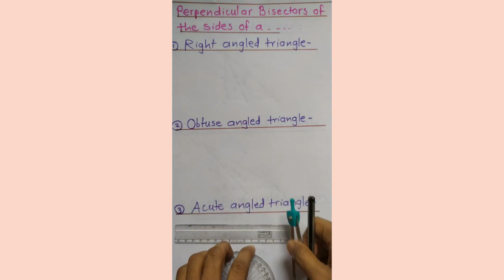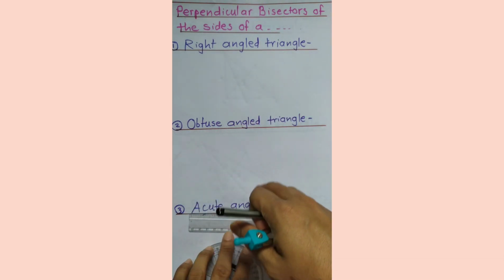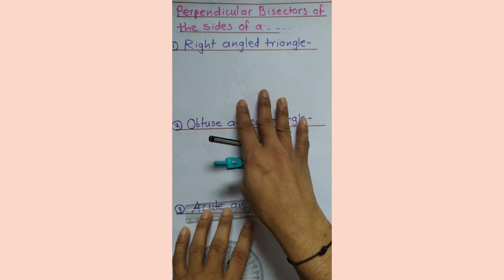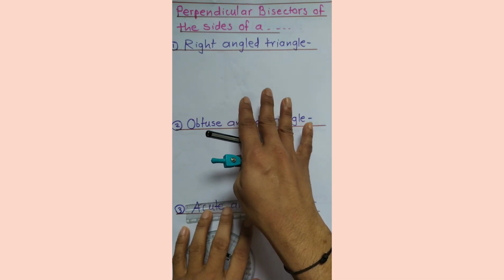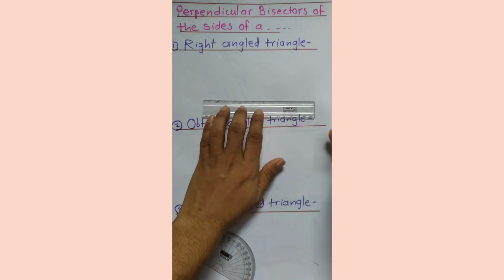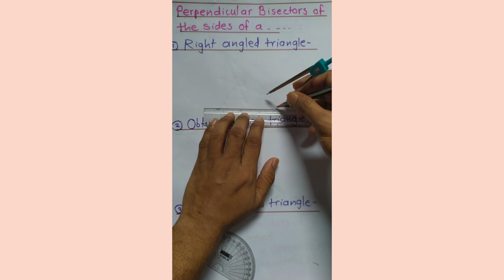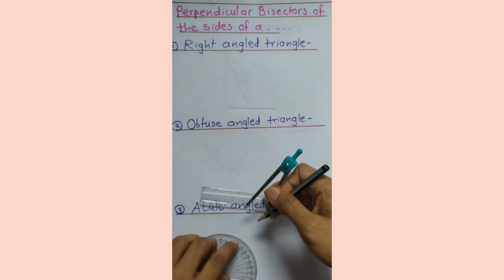We will start with the right angle triangle. In this type of construction, we are not going to take any measurement or any length of the side. We just draw the figure randomly. This is the base of the right angle.